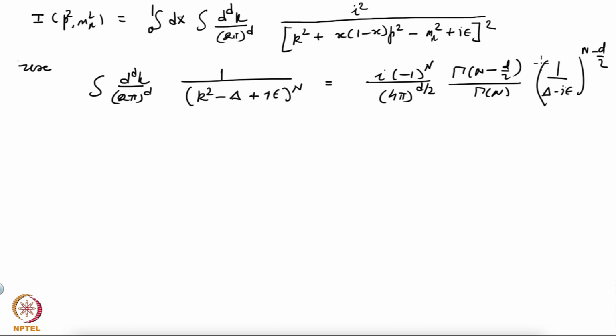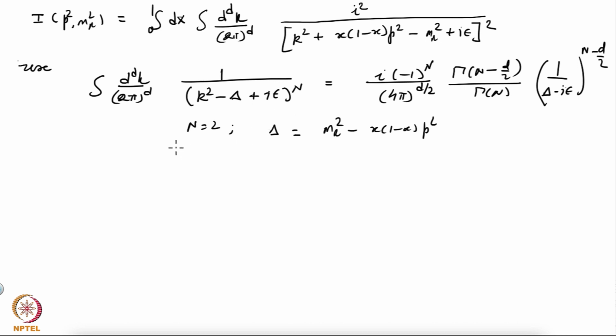So in that I should put capital N equal to 2 and Δ to be m_R² − x(1 − x)P², because here Δ has a negative sign in front of it.